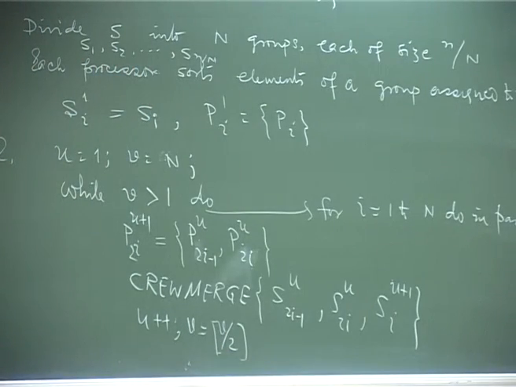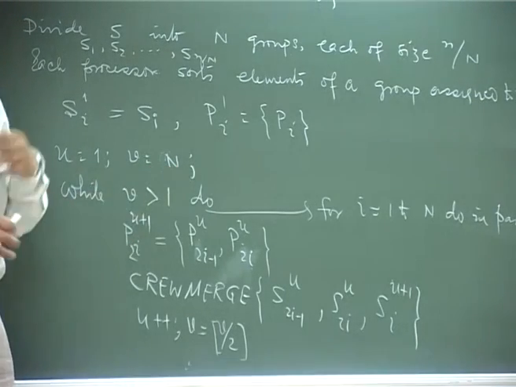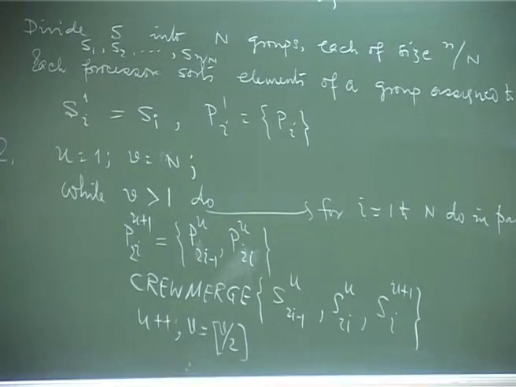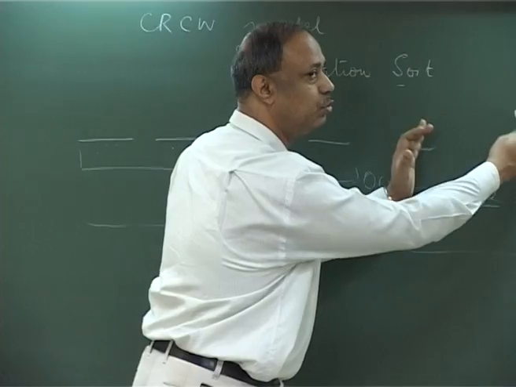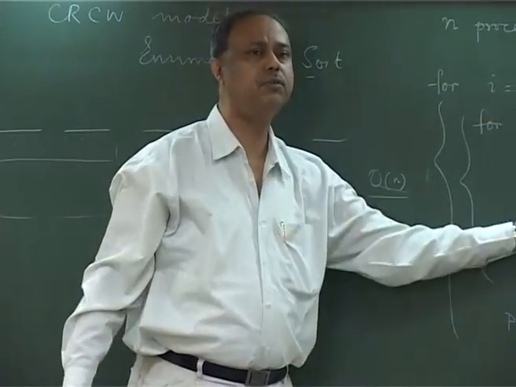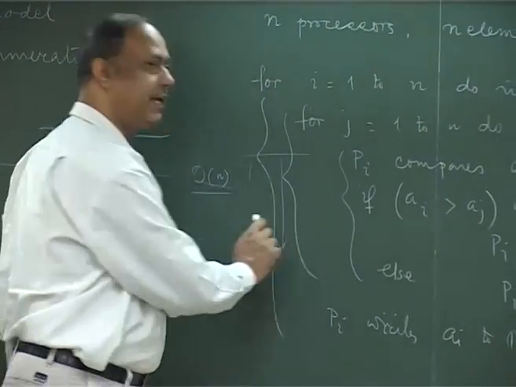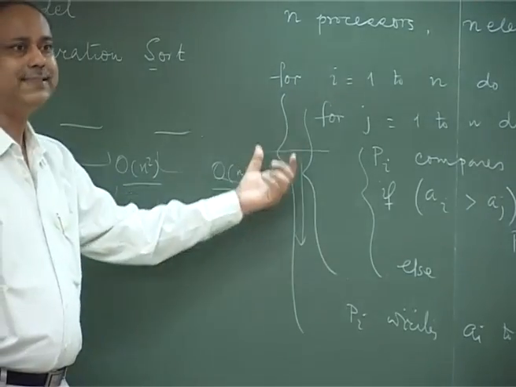The only thing is that here I am assuming that n is always divisible by 2, right? So here I am assuming that you can always pair them in 2, 2, 2, 2. But if it is not divisible by 2, what happens? You just bring it down here without merging anything.